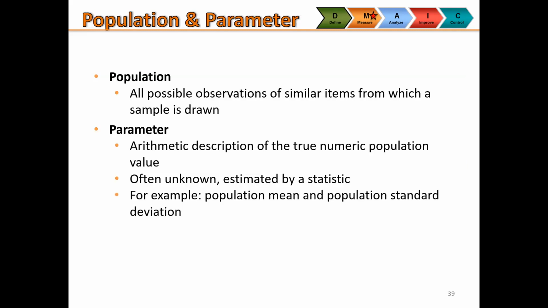Population and parameter. So the definition of population is all possible observations of similar items from which a sample is drawn. So in statistics, and particularly in Six Sigma, we are never dealing with an entire population of data, right?